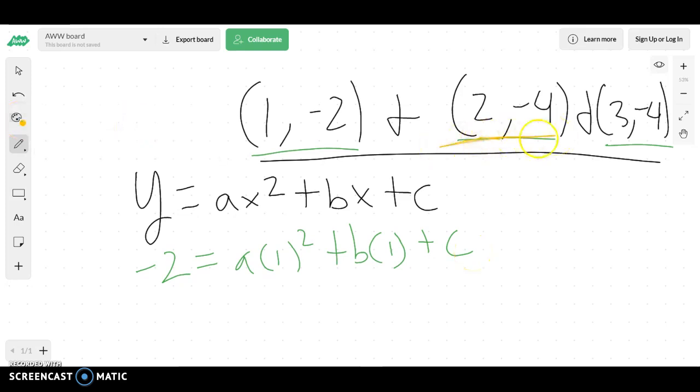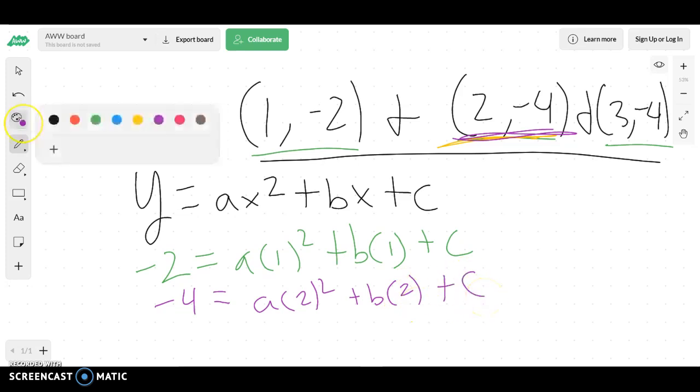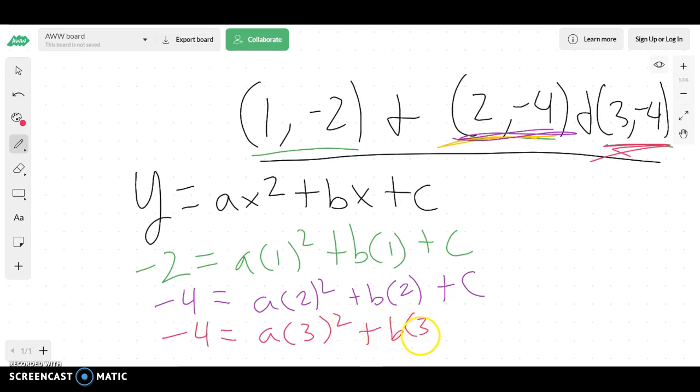My second equation, let's use a different color, would be negative 4 equals a 2 squared plus b 2 plus c. And my third equation would be negative 4 equals a 3 squared plus b 3 plus c.